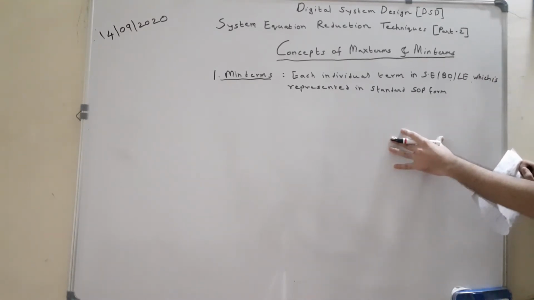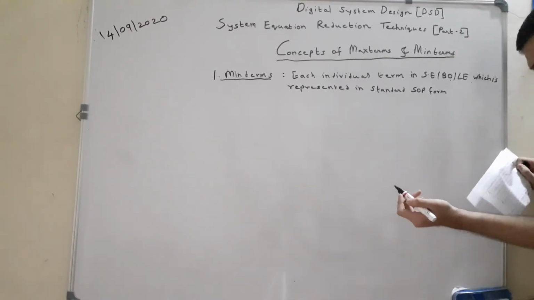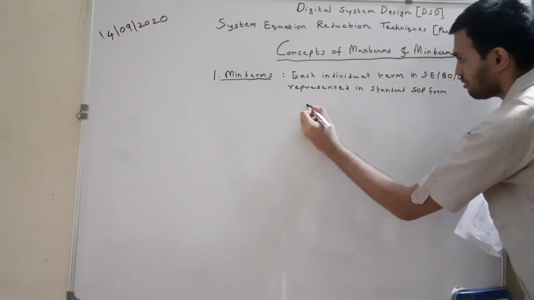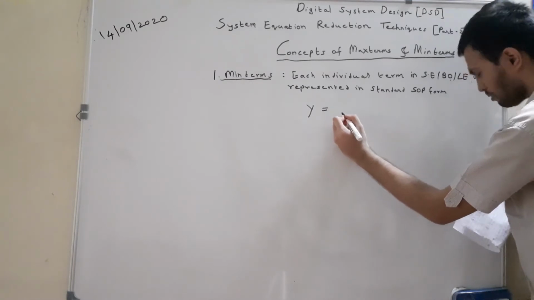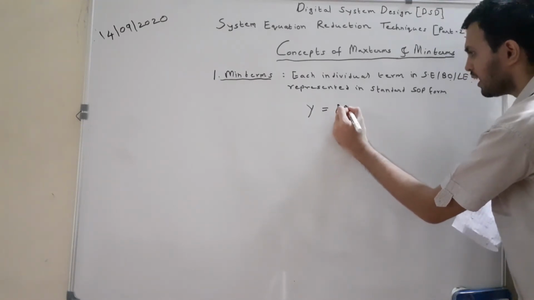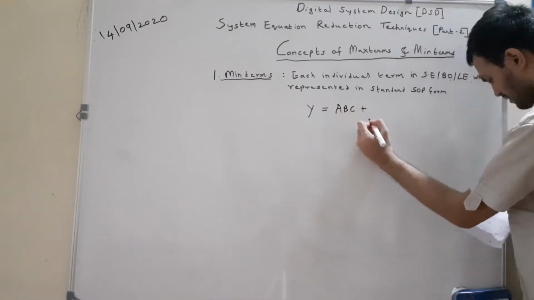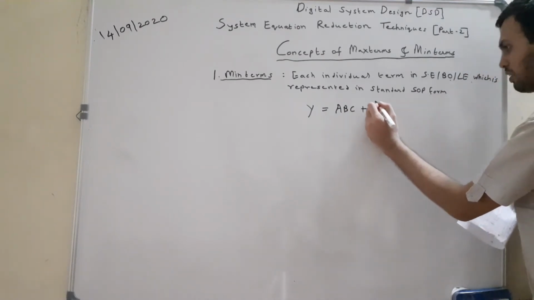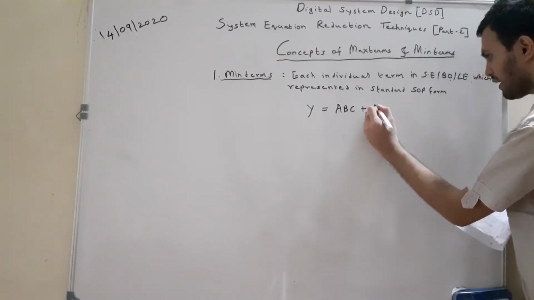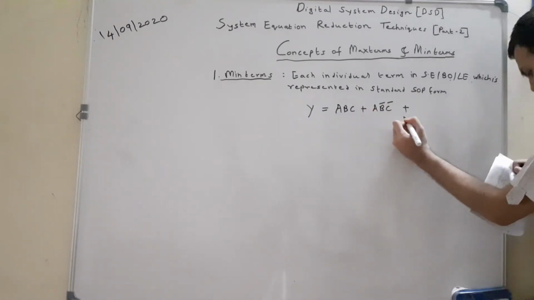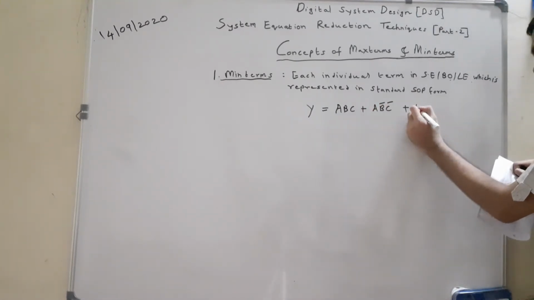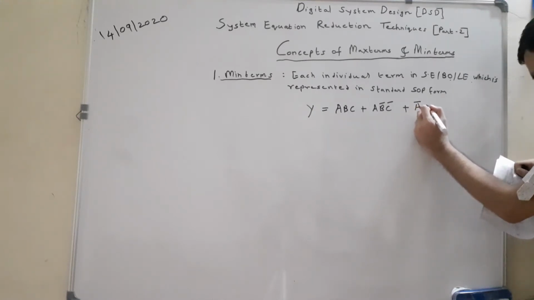This statement simply means that whenever you have an expression represented in standard SOP form. By now everybody knows how an expression is represented in standard SOP and POS forms. So whenever an equation is represented in standard SOP form, like this expression which I am writing over here, this expression is expressed in standard SOP form.